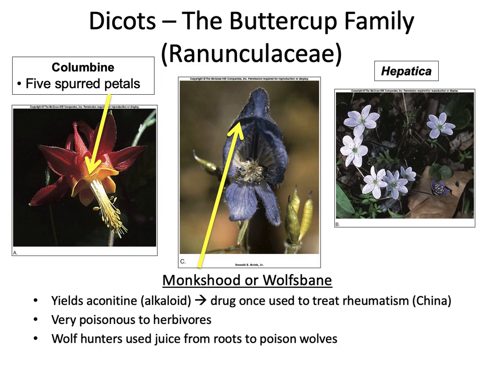And it's very, very poisonous to herbivores. That's why these plants evolve these chemicals, because it deters the herbivores from eating them. Some history: monkshood flowers and their parts were often harvested by wolf hunters because they could use the juice from the plant to poison wolves because it's so poisonous.